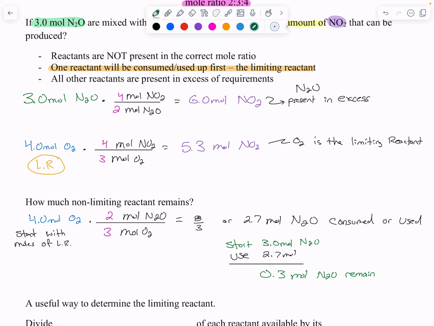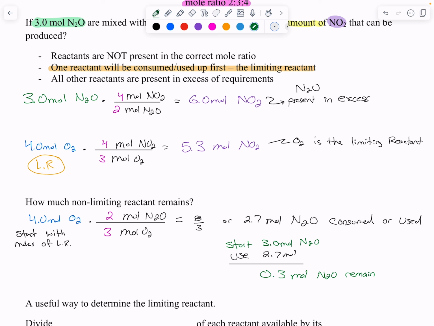So that's how the limiting reactant is found. You have to figure out both: how much reactant 1 can make, how much reactant 2 can make, if there's a third reactant, how much that makes, and then you figure out the smallest one.